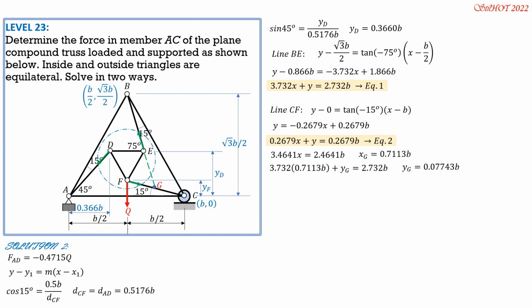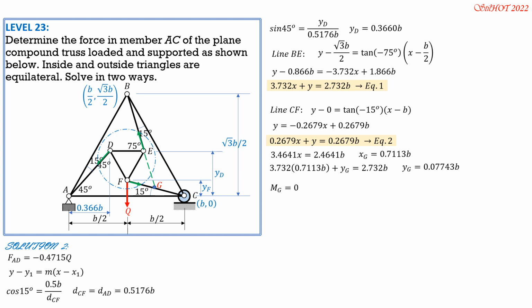Finally, moment at G is 0. So remember, that's 45 degrees from the horizontal. Moment at G equals 0. FAD has two components, horizontal to the left and vertical downward. Both horizontal and vertical components are counterclockwise about G. So let's consider counterclockwise positive.